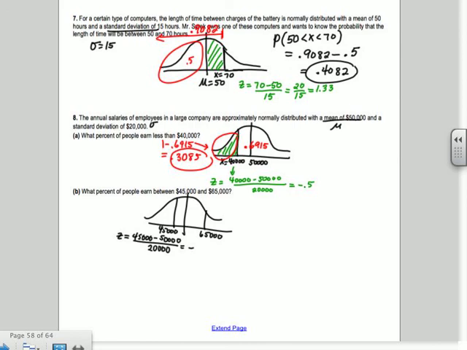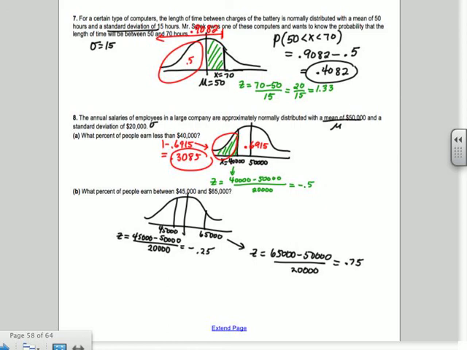Okay, now this other one, z-score. Your z-score is 65,000 minus 50,000 divided by 20,000. So what's this z-score? 0.75, okay. So you're between negative 0.25 and 0.75.